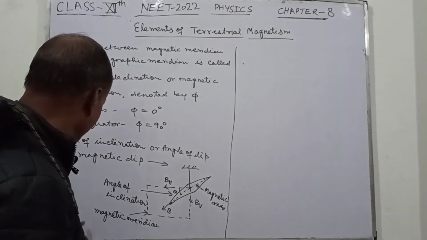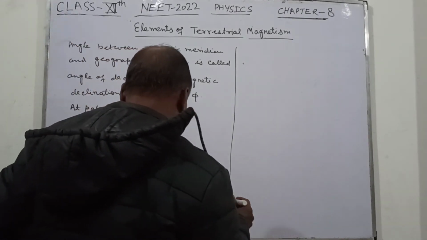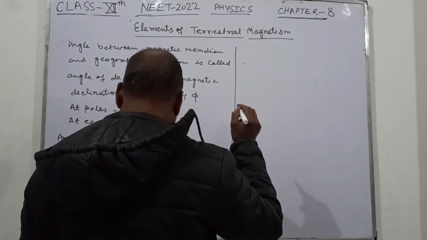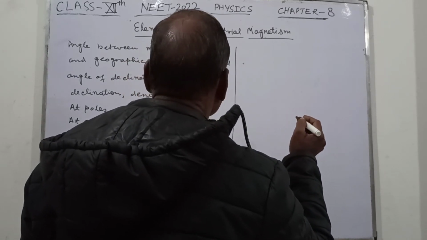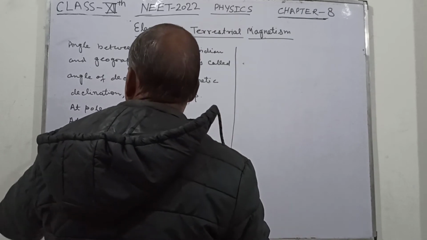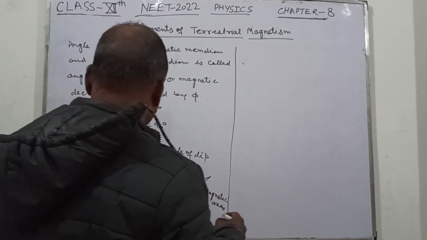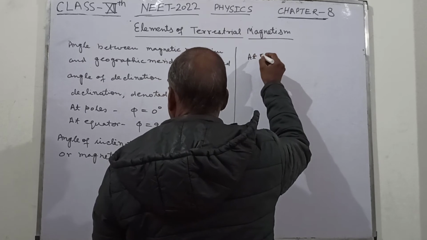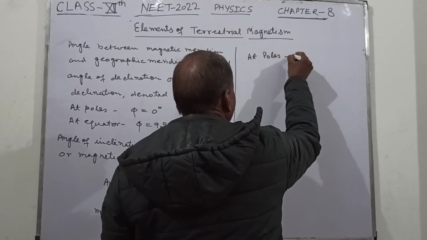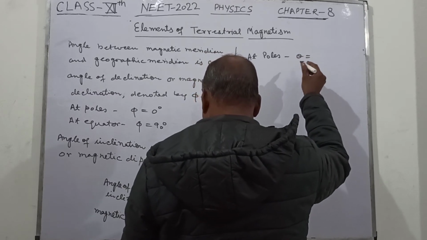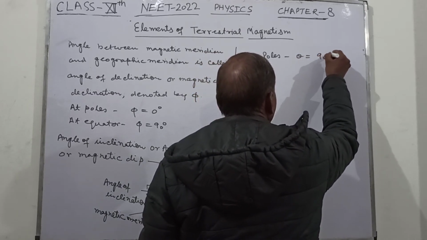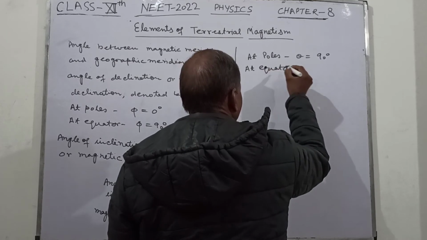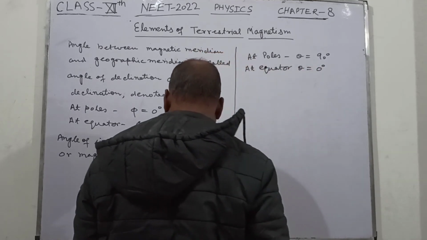Now here at poles theta equals 90 degree, and at the equator theta equals 0 degree.